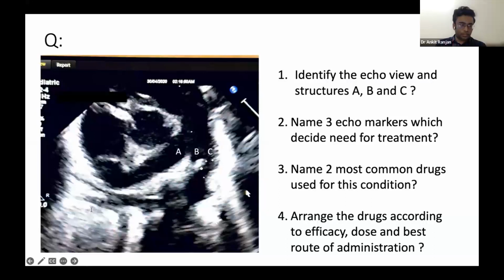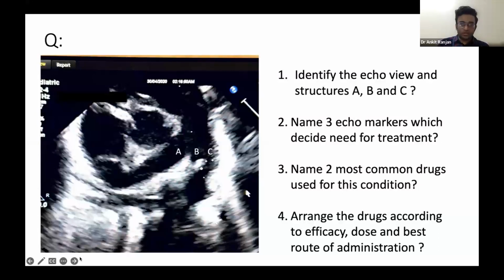And which route would you prefer to give the drug if the baby is stable or is accepting feeds? Okay, let's look at the answers.